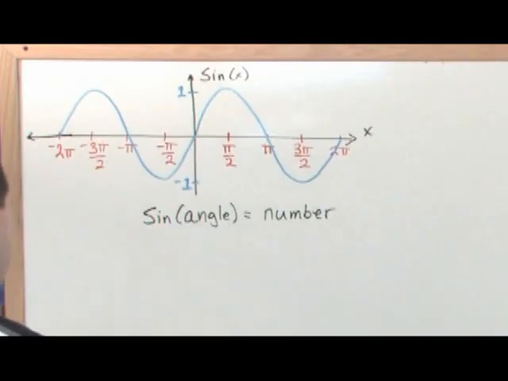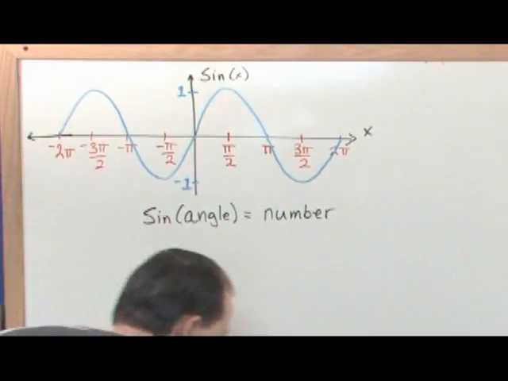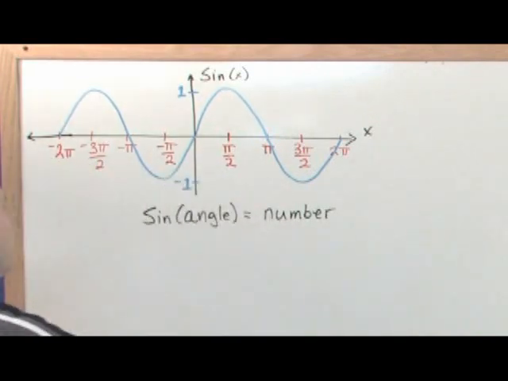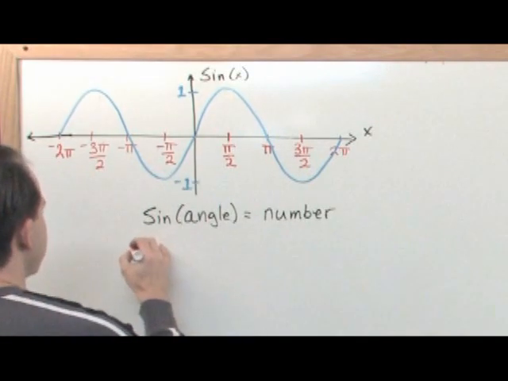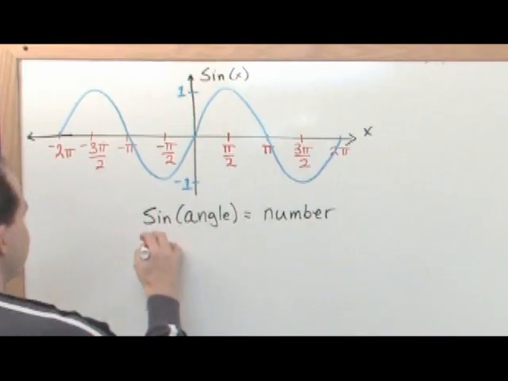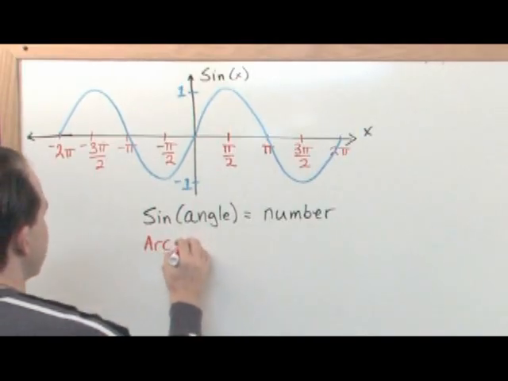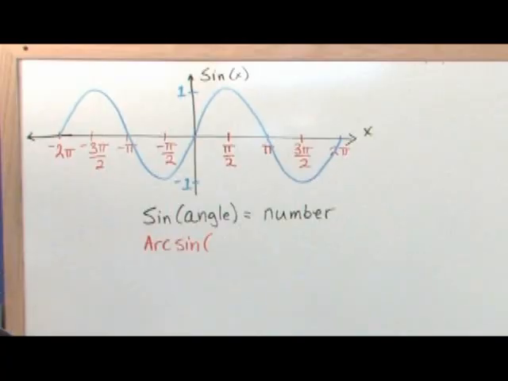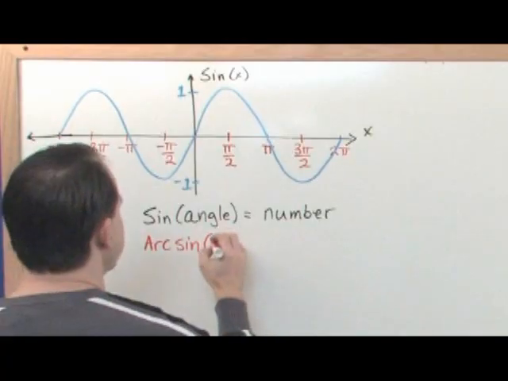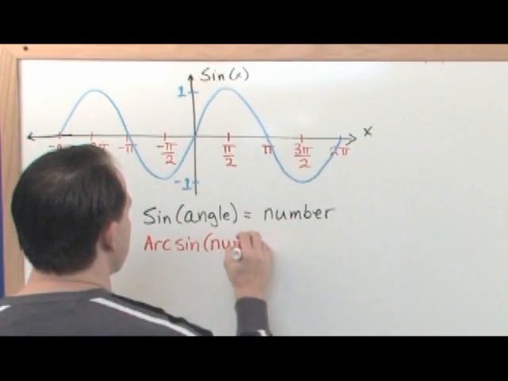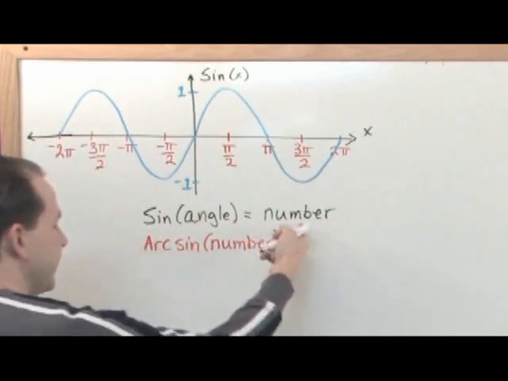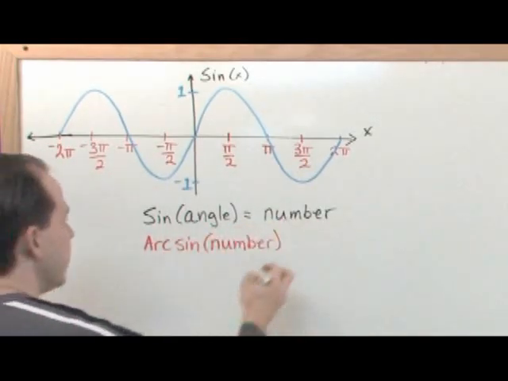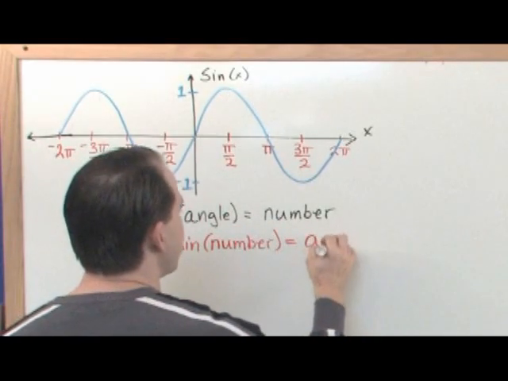So you'll find it's very useful, and something you'll have to learn, to define the inverse sine, or the arc sine. You can define the opposite of the sine function as the arc sine. The arc sine of some number, meaning this number here, I'm trying to draw an analogy, is going to equal an angle.